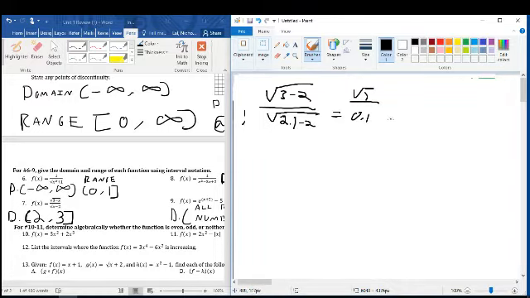Would actually be an infinitely small number, so this would ultimately become like the square root of 1, which is 1, by the way, over 0.000000001. So it's going to be approaching 0, but not actually 0. So that approaches 0.